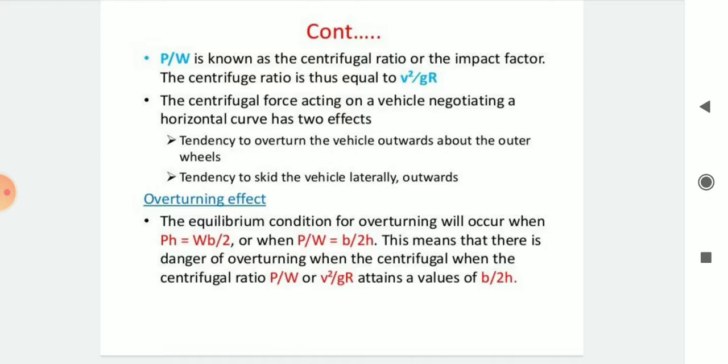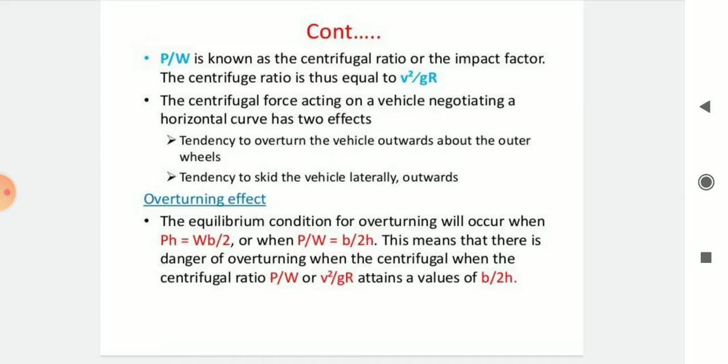The centrifugal force acting on a vehicle negotiating a horizontal curve has two effects: tendency to overturn the vehicle outwards about the outer wheels, and tendency to skid the vehicle laterally outwards. Overturning effect.